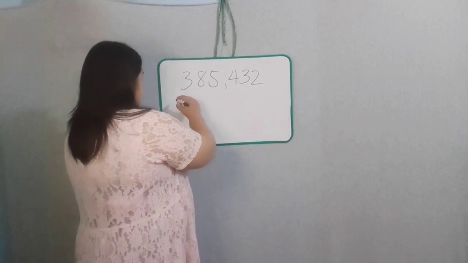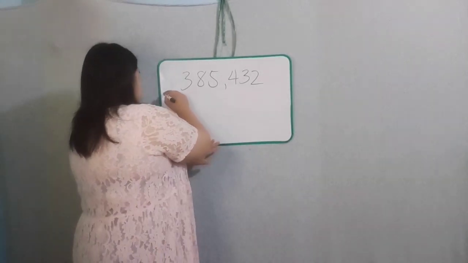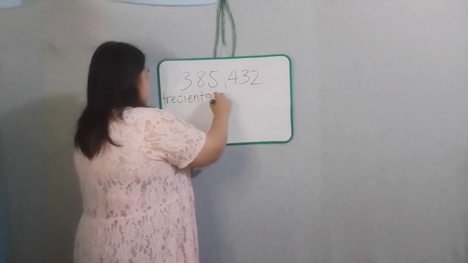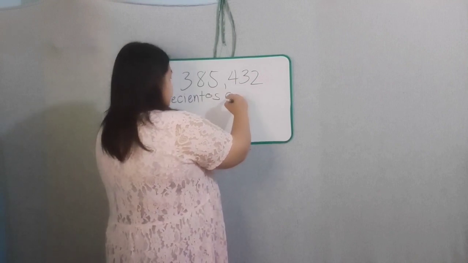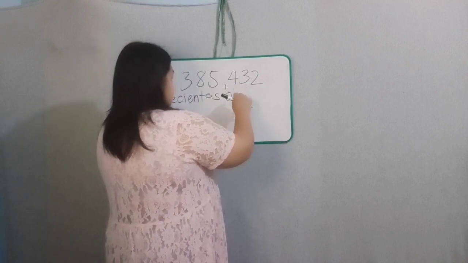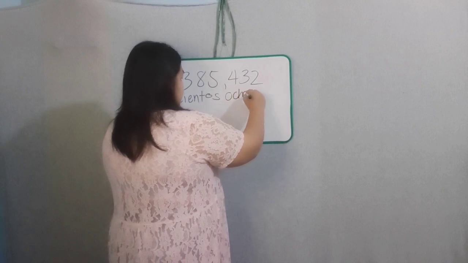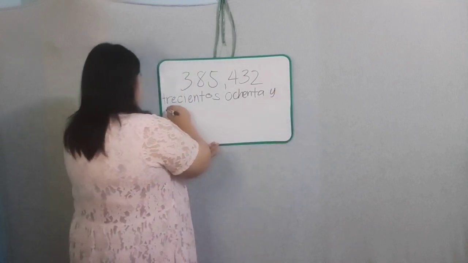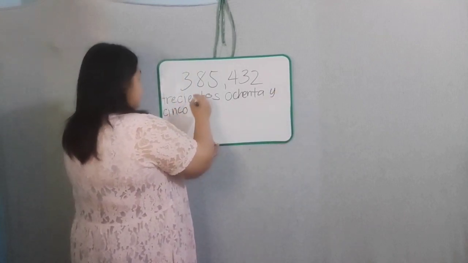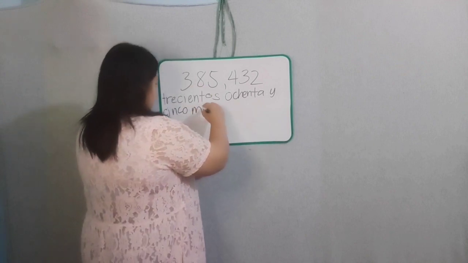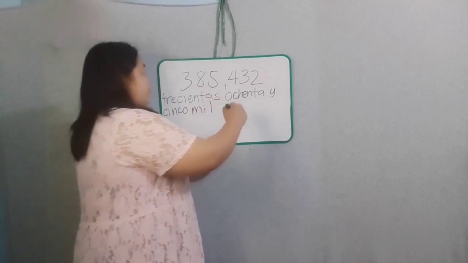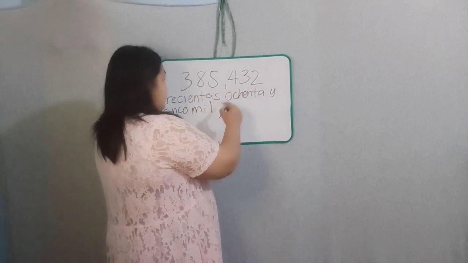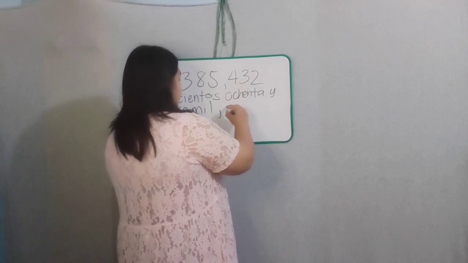So it's 300, trescientos, 80, ochenta, y cinco. So since it's 1,000, it's mil. 385. So that's your first line. And then your comma. 400.